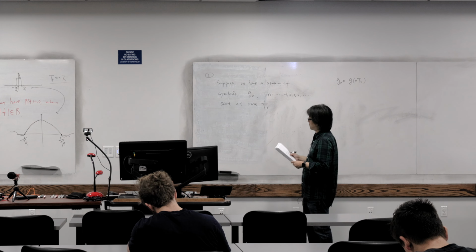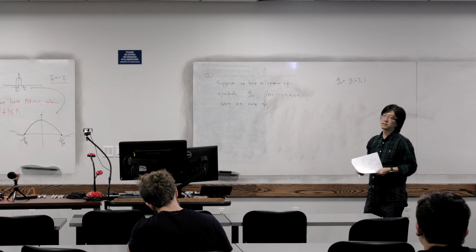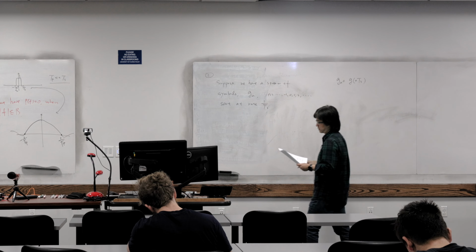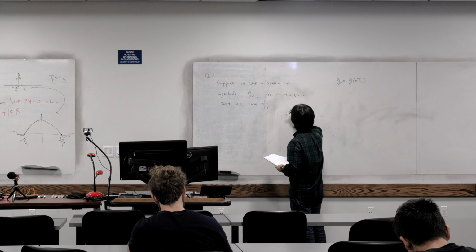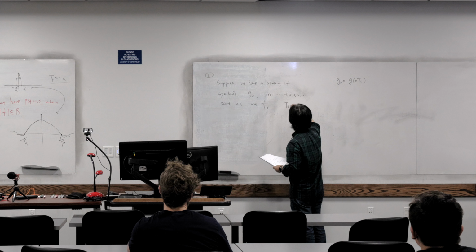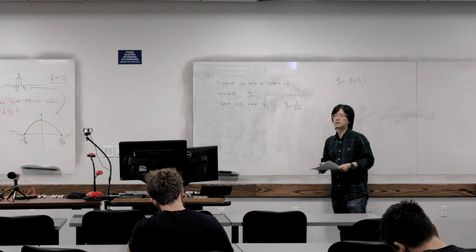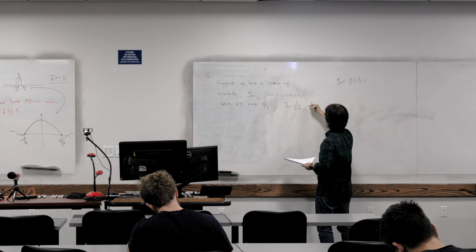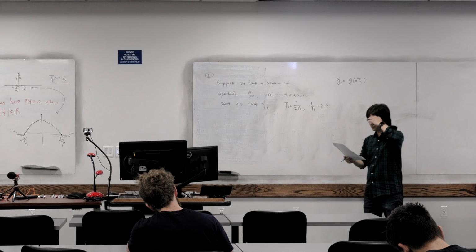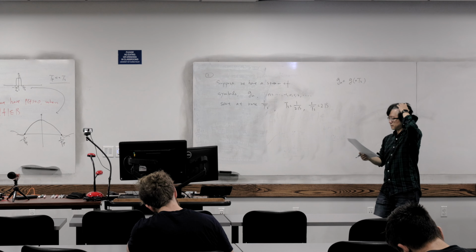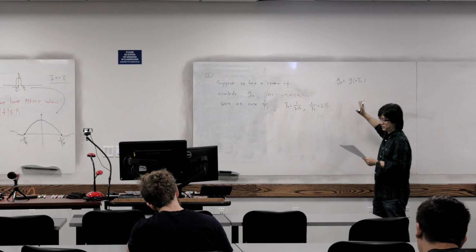Now let's assume that we use the Nyquist sampling rate to do the sampling. In this case, it means that Ts equals 1 over 2B. In other words, 1 over Ts equals 2B. Maybe I can write it down.